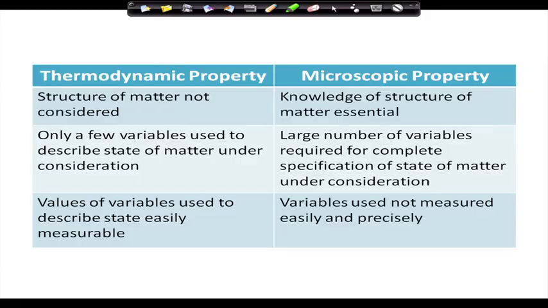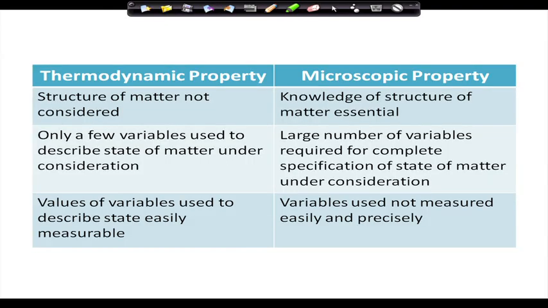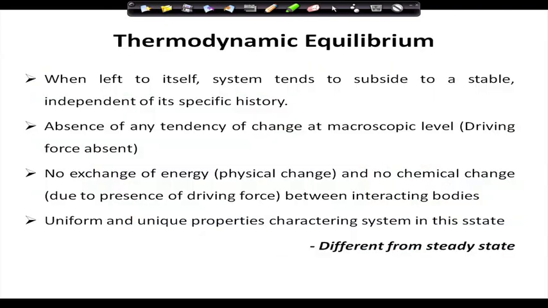So, a large number of variables are required for complete specification of the state of the ultimate particles, but when the ultimate particles are completely random and they are manifesting their average characteristics, which are manifested as thermodynamic properties, for finding out these thermodynamic properties it is not important to understand the structure of matter, or we need not go to the molecular level.